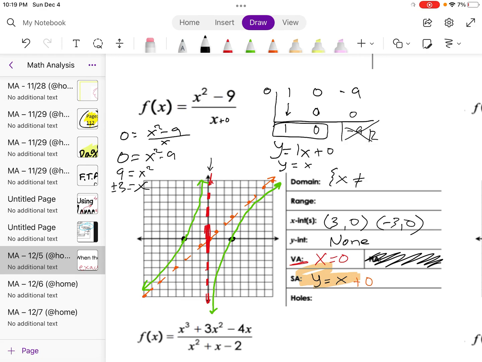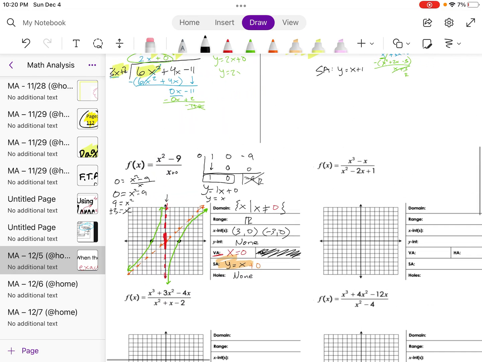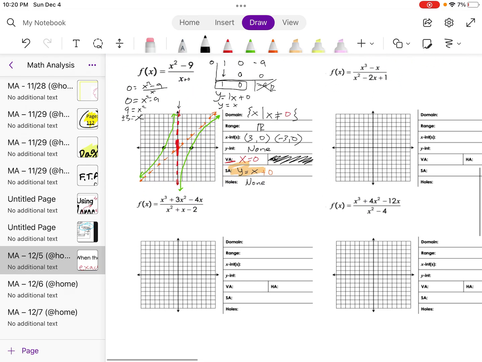My domain for this one is going to be x can be everything except, oops, I missed a step. My asymptote, which is at 0. My range, it looks like range could be anything, so I'll put all real numbers. There are no holes for this one.